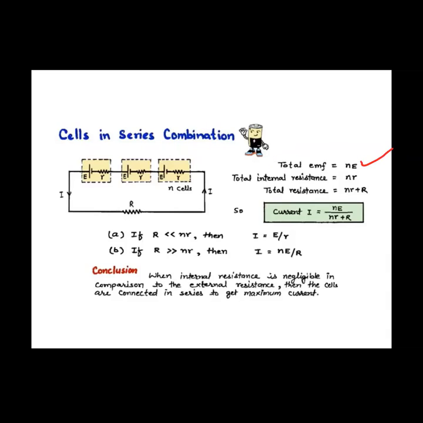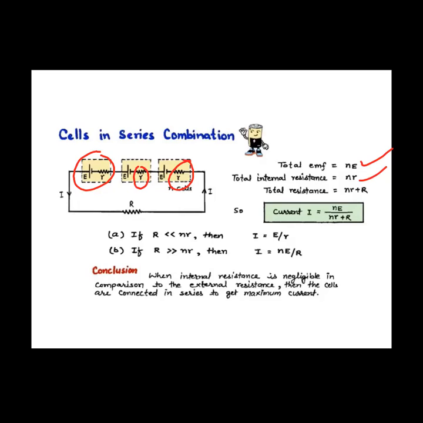Now the internal resistance. Each of the cells which we have connected has an internal resistance of r, and as all these internal resistances are connected in series, we can apply the formula for resistance in series, that is simple addition, r plus r plus r, n times. So the total internal resistance is nr.